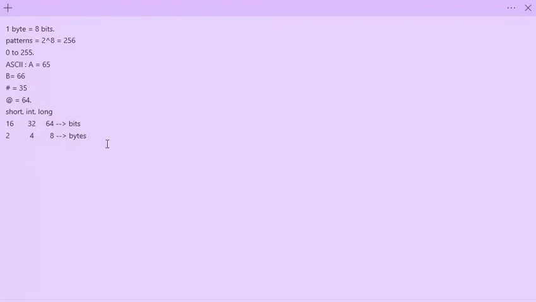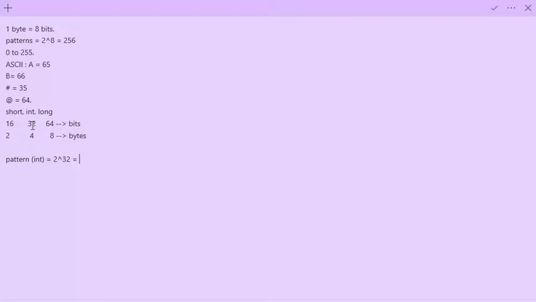And if we had to calculate the patterns for, let's say, int, it would be 2 to the power number of bits. So bits for integer is 32, it would be 2 to the power 32, and we would get some huge number, or let us calculate it ourselves.